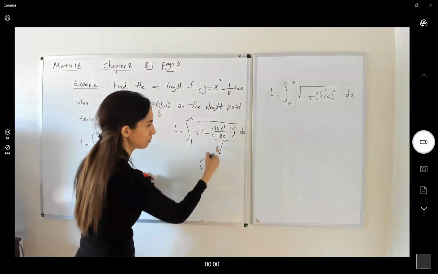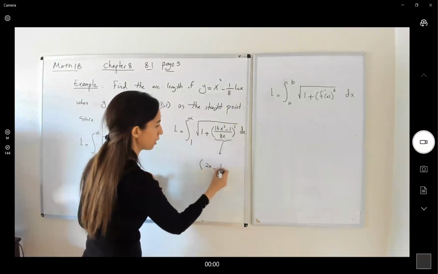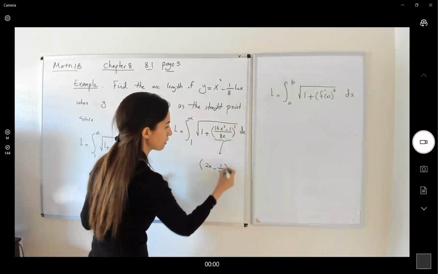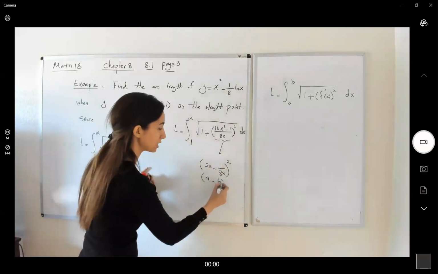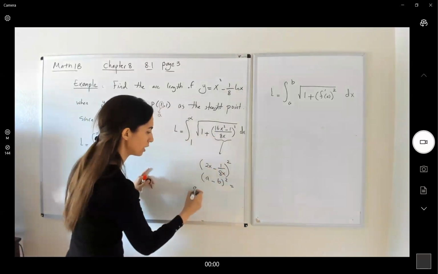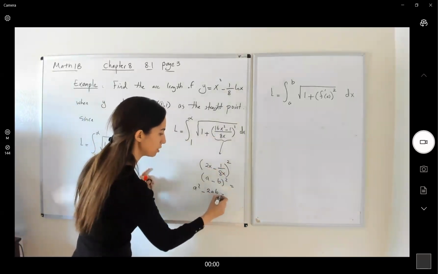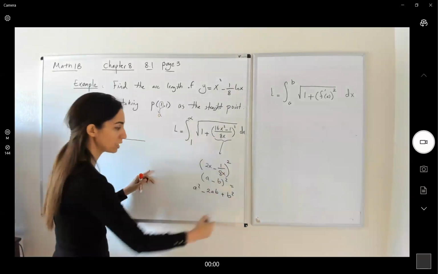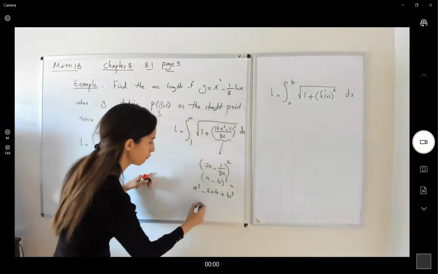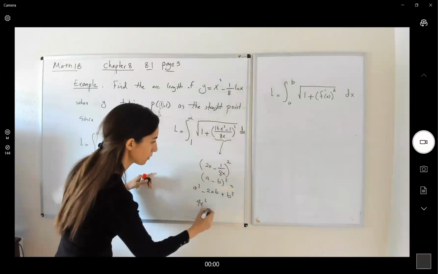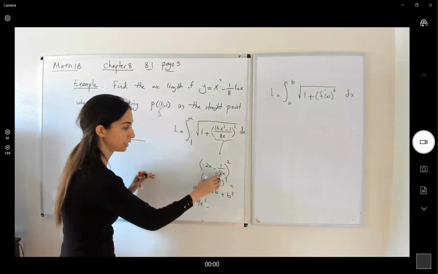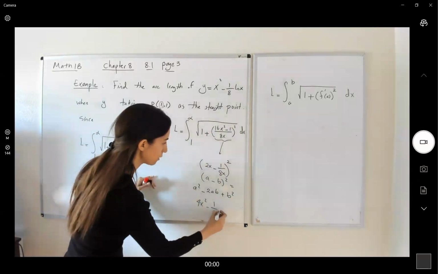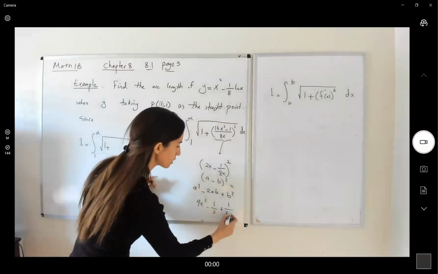If you simplify this, you get 2x minus 1 over 8x raised to the second power. So it means that you have (a minus b) squared, which is a squared minus 2ab plus b squared. So this can be written as 4x squared minus 2 times 2, 4 divided by 8, a half, minus a half plus 1 over 64x squared.